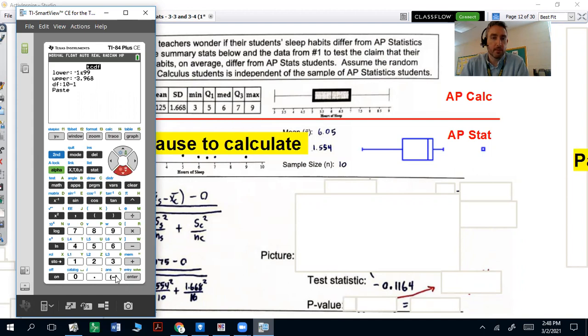Make your upper negative 0.1164. And I want you to think about what your degree of freedom is. Look at your smallest sample size. You have to use the conservative estimate. So your smallest sample size, and you're going to subtract 1. All right, click paste.